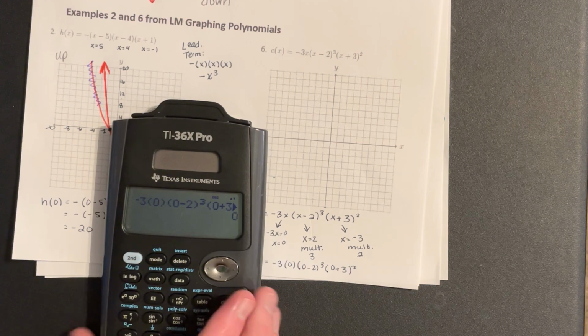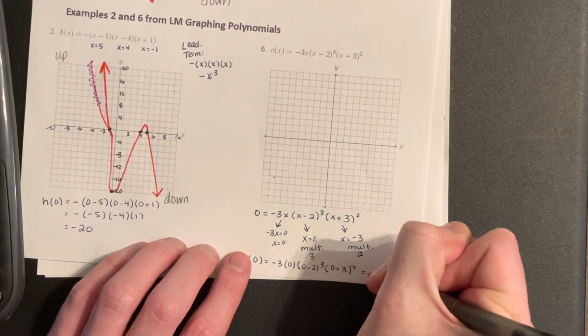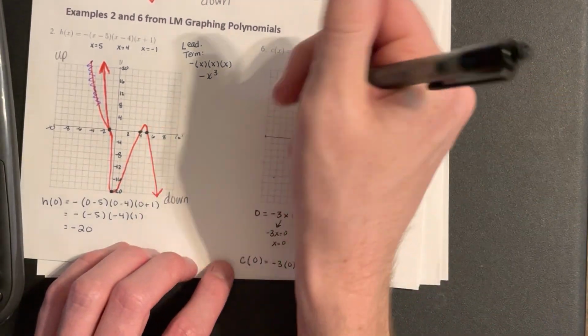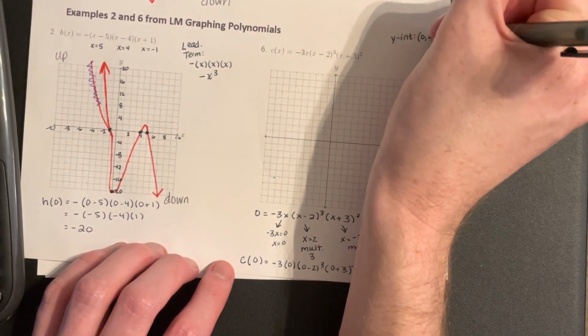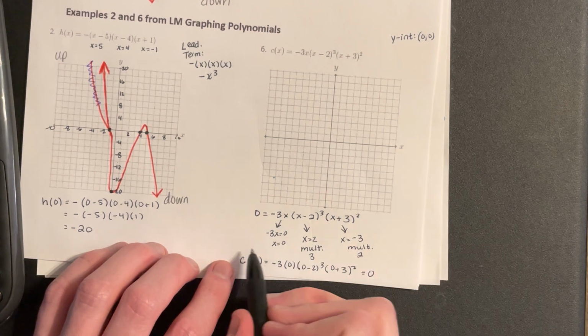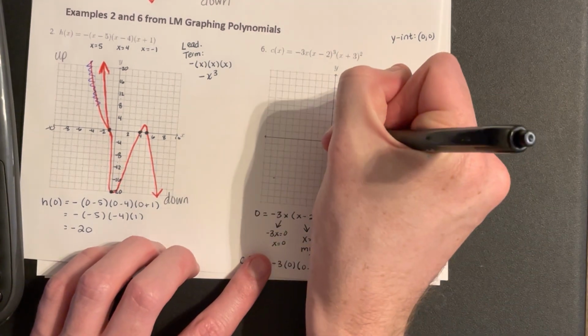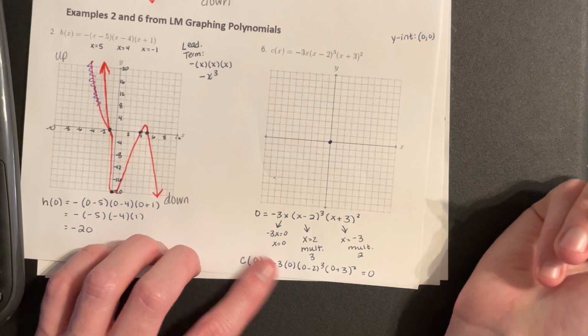It comes out as 0. So I've got a y-intercept of 0, 0. We found our x-intercepts here. So there's our y-intercept, 0, 0.